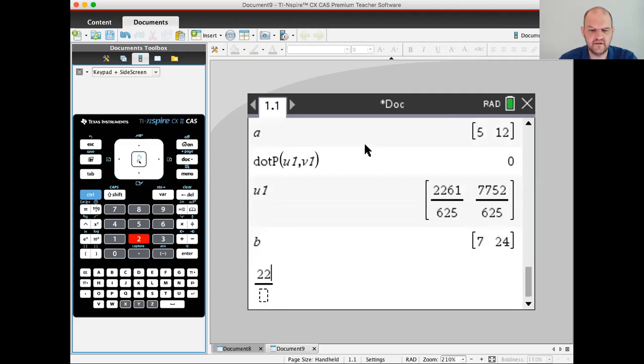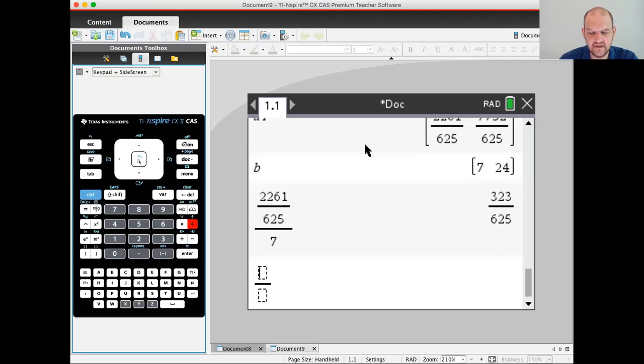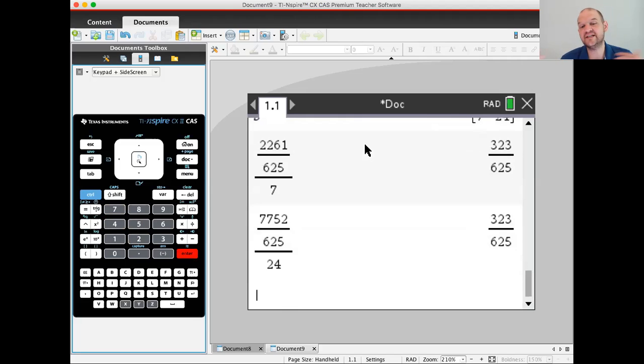I'll just type 1 over 625, and if I divide that by 7, I should get the same number as if I do 7752 over 625 over 24. That's the scalar multiple to show that they're parallel. So it works. And then let's do the next one.